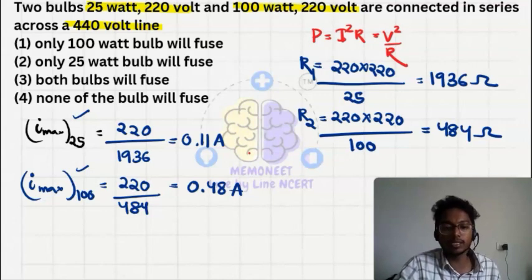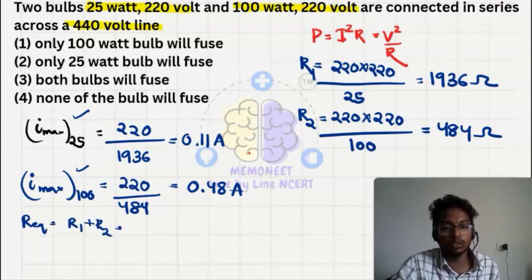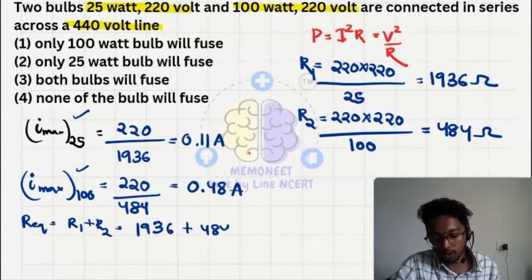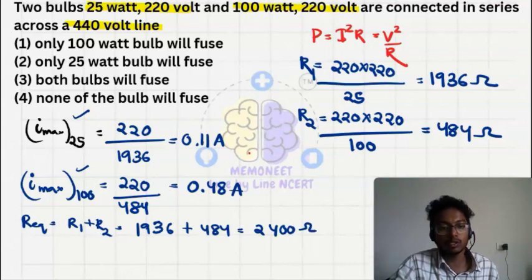If I connect them in series, the R equivalent will be R1 plus R2, which is 1936 plus 484, equal to 2400 ohm. This is the net resistance.